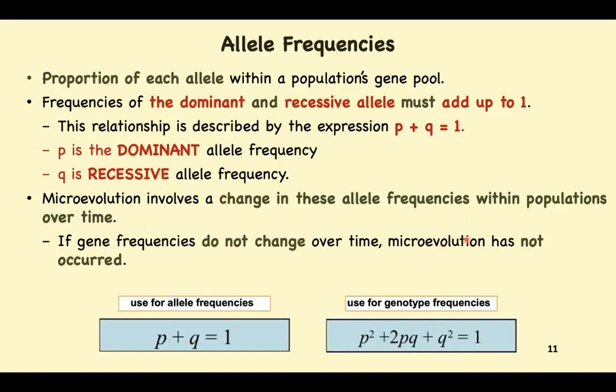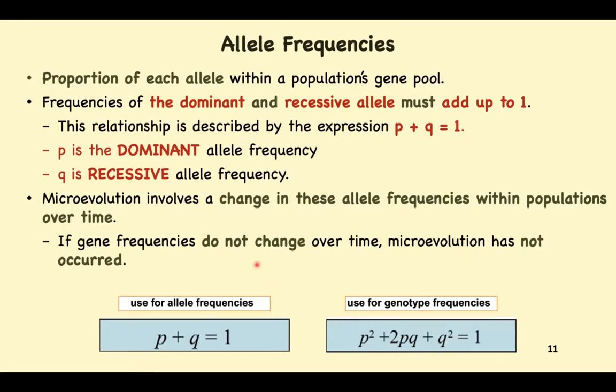Okay, kalau in the Hardy-Weinberg principle, we will go into detail on that later. When a population is in equilibrium, we use this formula. This is for genotype frequency and this is for allele frequency. Genotype frequency is P squared plus 2PQ plus Q squared is equals to 1. Okay, this is the two formulas that you have to know.